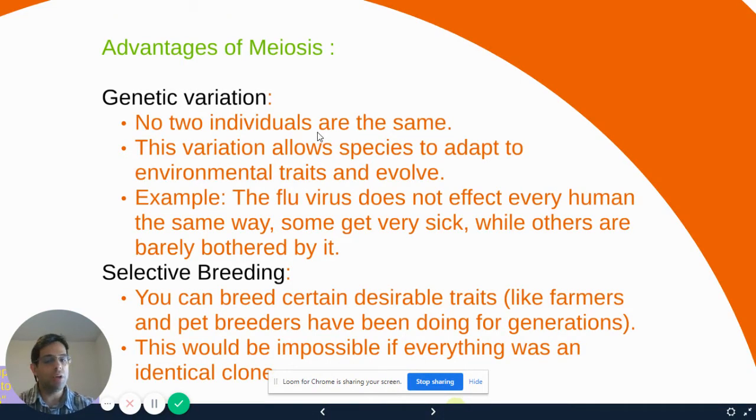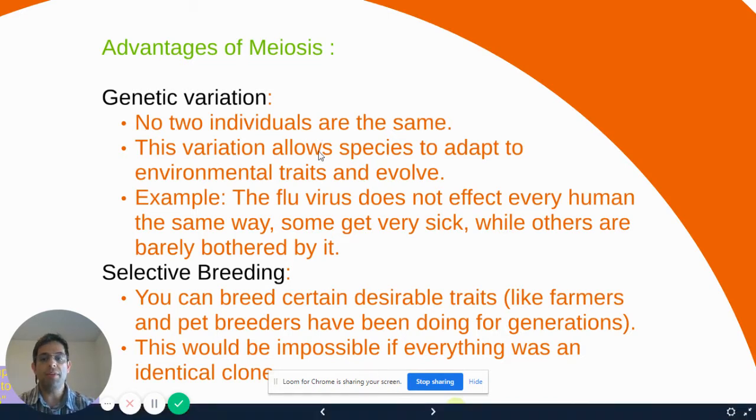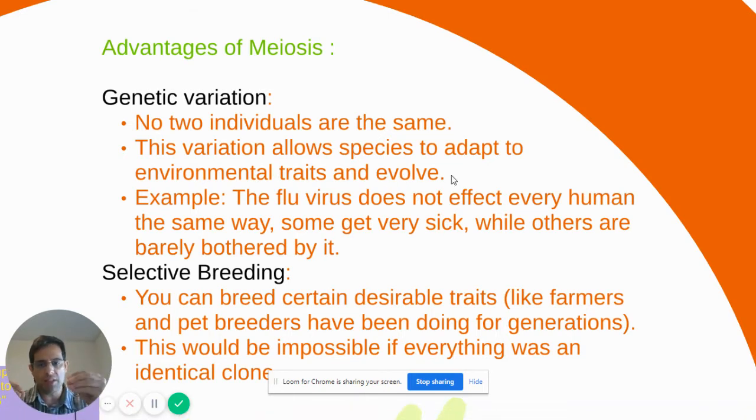You know that nobody's the same, not even twins are the same. This variation allows species to adapt to environmental changes and evolve. The way that specific eggs with specific sperm combine together, they make unique individuals. And that's the process that makes variation in nature, variation in the ecosystem.